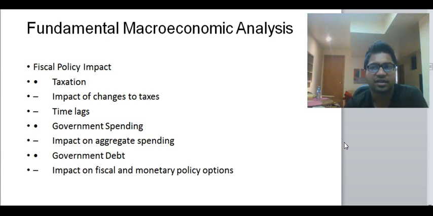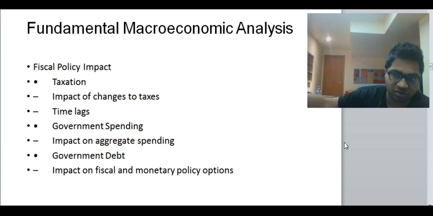The other way around, if the country decides to reduce taxes, corporate as well as individual, the aggregate spending in the economy pops up, which has an impact on stock prices as well and is taken positively. So a decrease in taxes is generally considered positive.